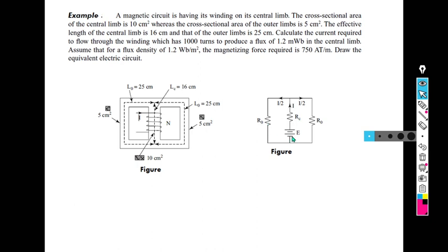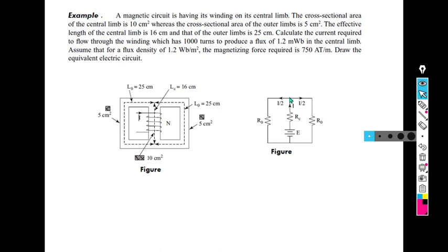Next question is, find what is the current required. If we want to get the current, we need the total voltage drop, right? So if I find Ni of this, I is flowing through this path, and I by 2 is flowing through this.